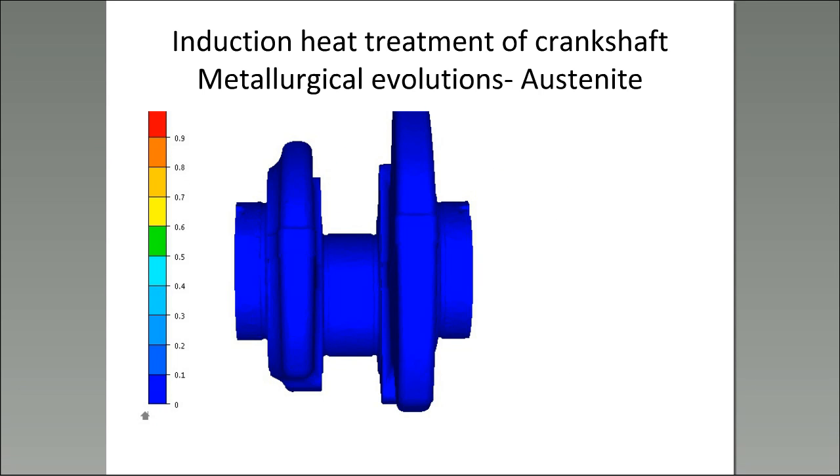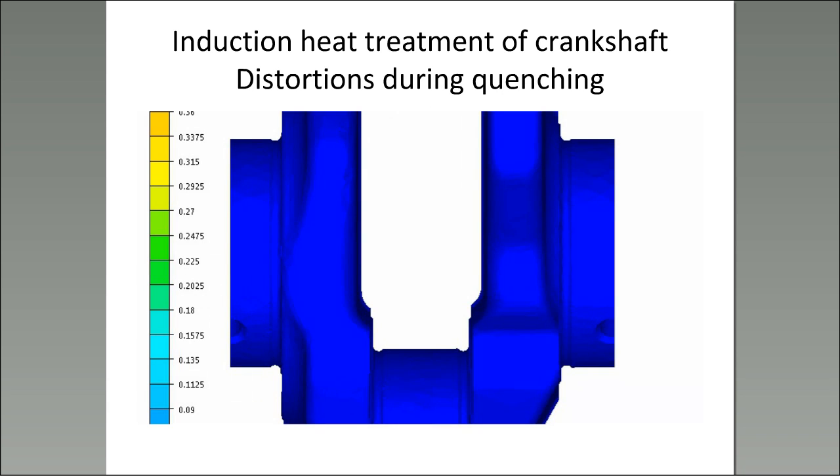We cannot see the visualization, but we can compute the temperature evolution and the metallurgical evolution. You can also access, for instance, the distortions which can appear during quenching. This is quite important because afterwards you will try with the software to control and minimize those distortions, in order to have parts as close as possible to what they should nominally be.